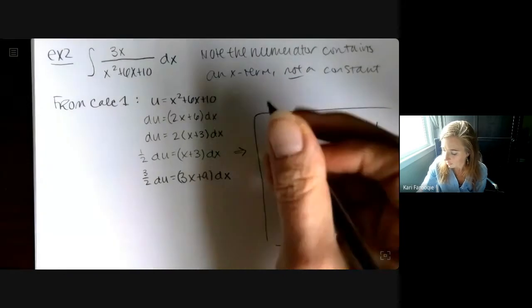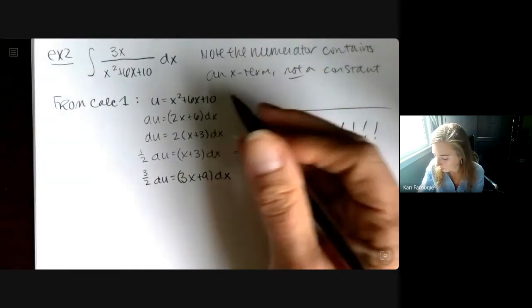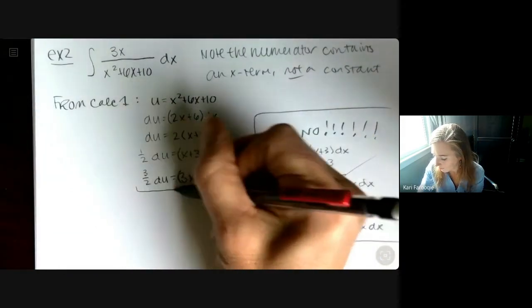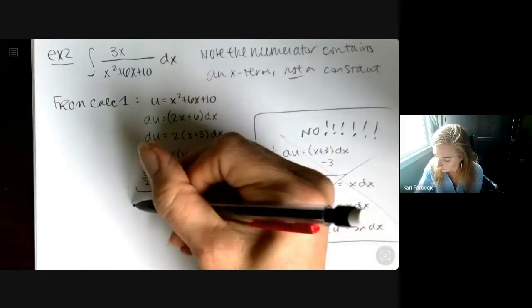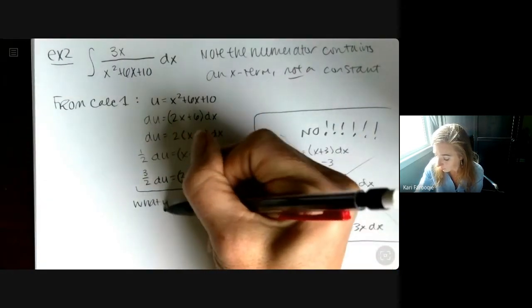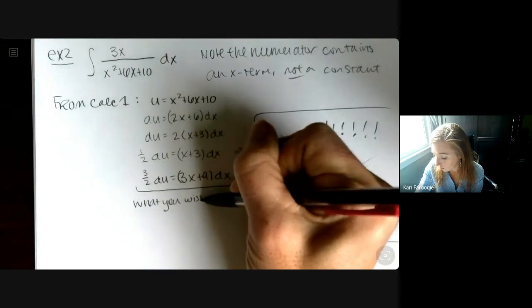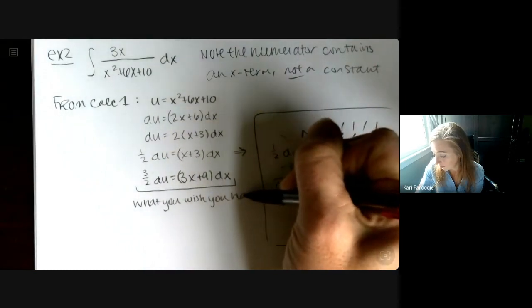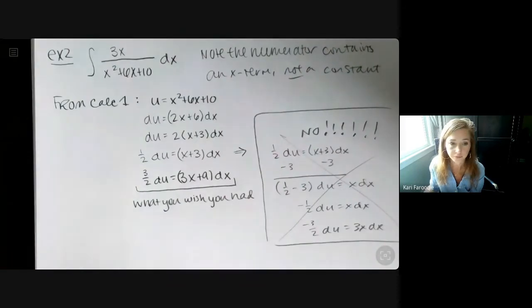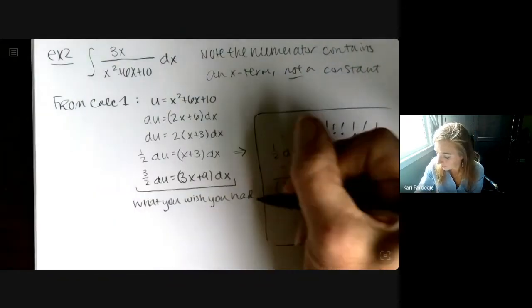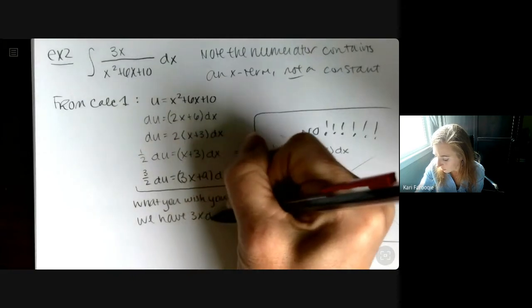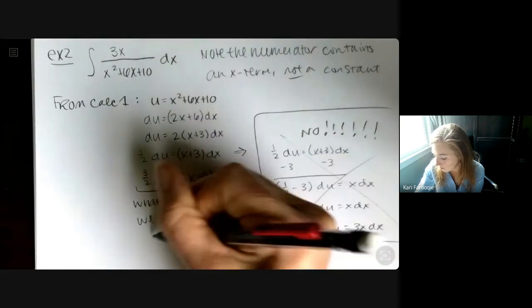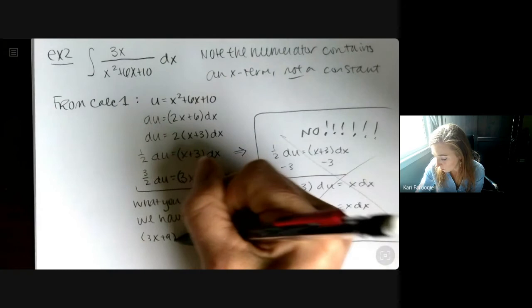So this would be the best case scenario u substitution. So this is what you wish you had, but you don't have that. We have 3x dx, not 3x plus 9 dx.